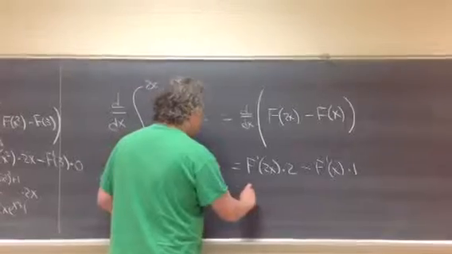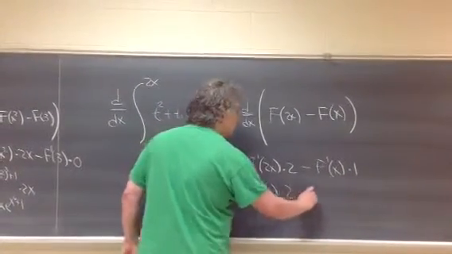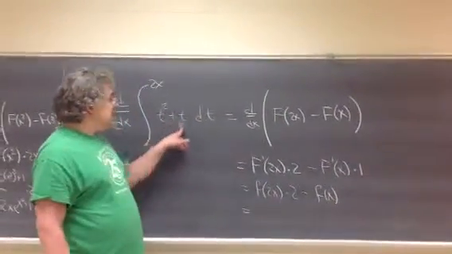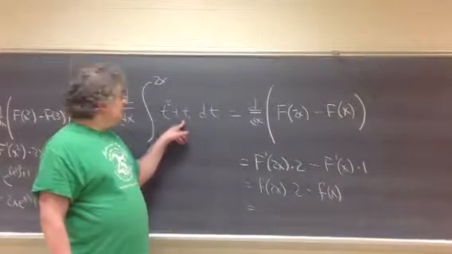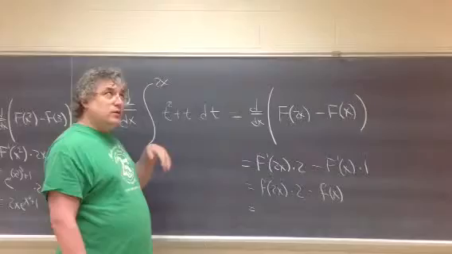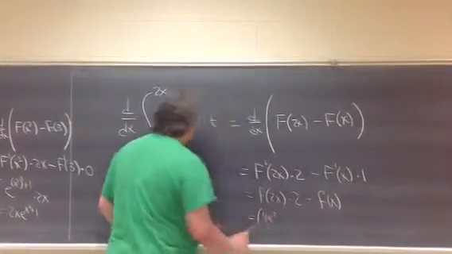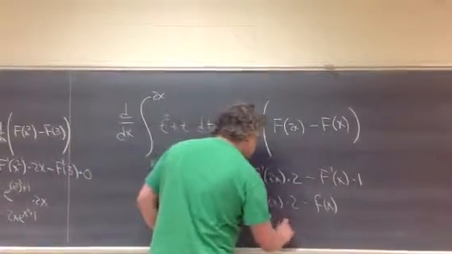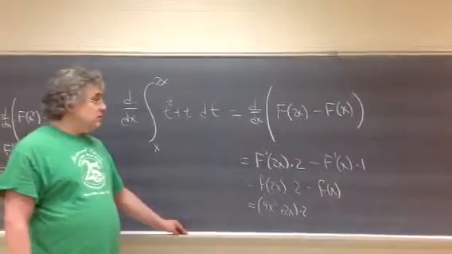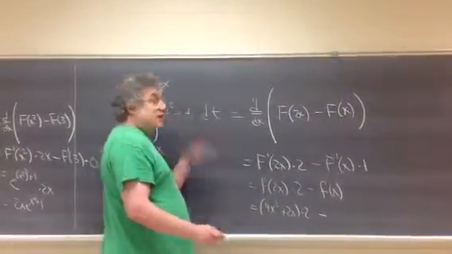So this is the derivative of the antiderivative, and I'll just keep using cap F, at 2x minus cap F at x. So that is cap F prime at 2x times the derivative of 2x, minus cap F prime of x times the derivative of x. That times 1 is kind of silly, but it's there. So this is f of 2x times 2 minus f of x. Plug 2x in here. So it's not 2x, it's 2x squared. So 2x times 2x is 4x squared plus 2x, times 2. We don't want to forget that times 2, it comes from the chain rule. Minus f of x. f of x is just that with x's in it.